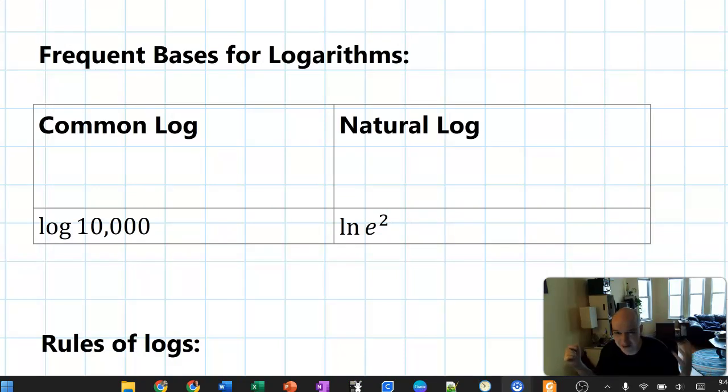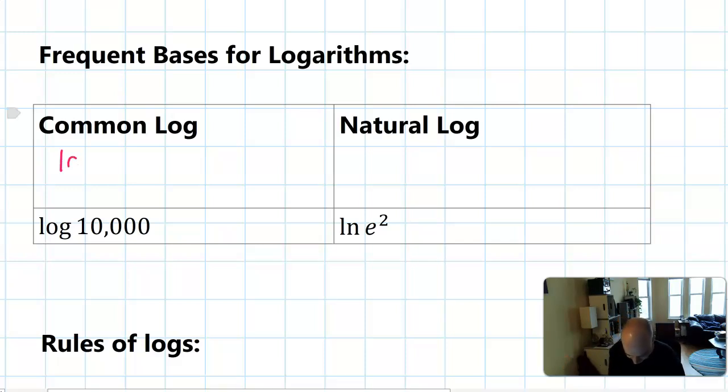Sometimes you see a logarithm and there's no base visible, or it doesn't look like a logarithm, and this messes people up because they don't know what to do. So the first example of this is the common log. When you see log without anything down here, you should infer that this is a base of 10. That's because we live in a base 10 number system, so a lot of our stuff is base 10 when you're doing computations.